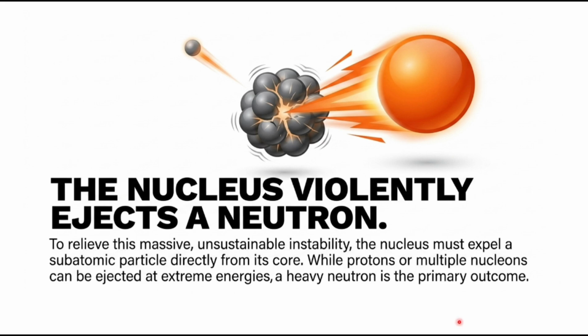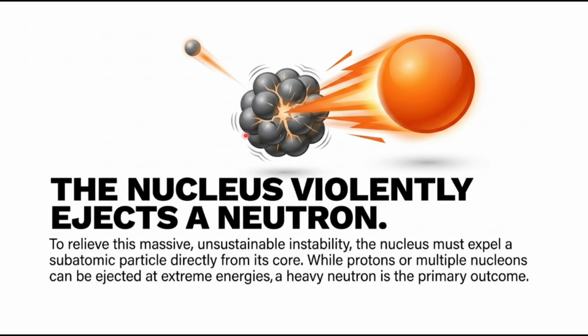To survive, the nucleus must immediately and instantly relieve this intense pressure. The shattered nucleus must expel a subatomic particle directly from its core. At extreme energies, it is physically possible for the nucleus to eject a proton.